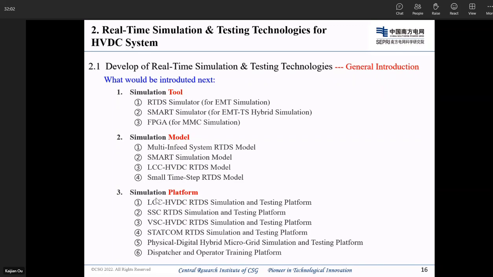After the tools and models, we will introduce the real-time simulation platforms, like the LCC RTDS simulation and testing platform, the safety and stability control RTDS simulation and testing platform, the VSC RTDS simulation and testing platform, the STATCOM platform, a physical-digital hybrid microgrid simulation and testing platform, and also the dispatcher and operator training platform.